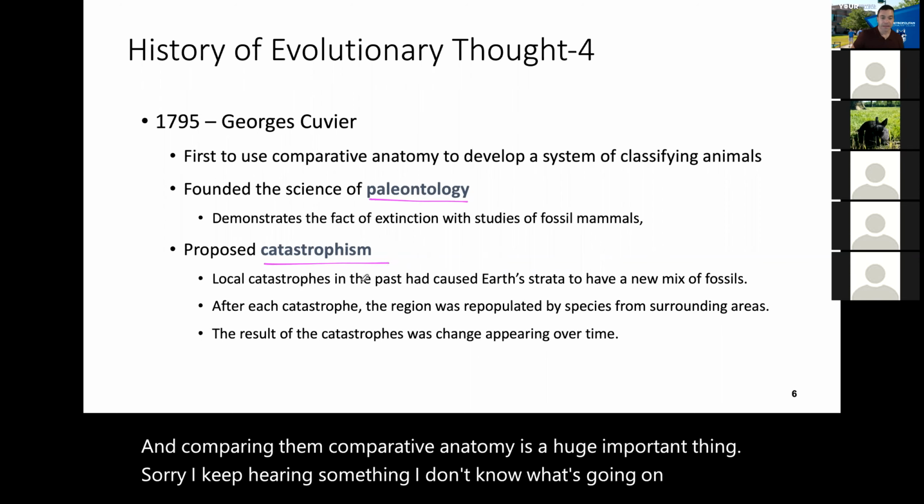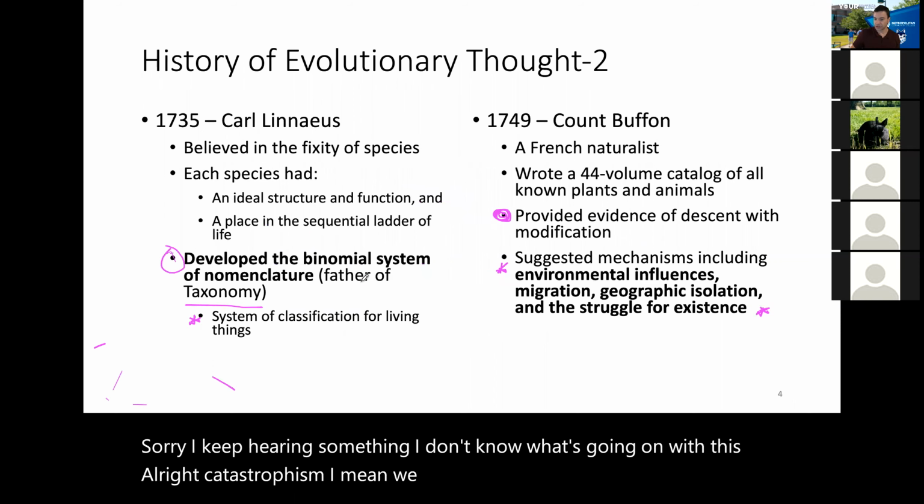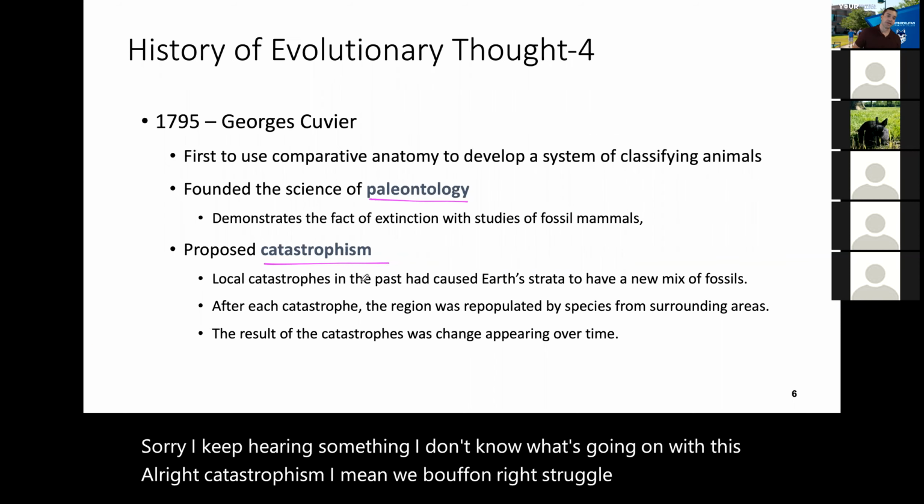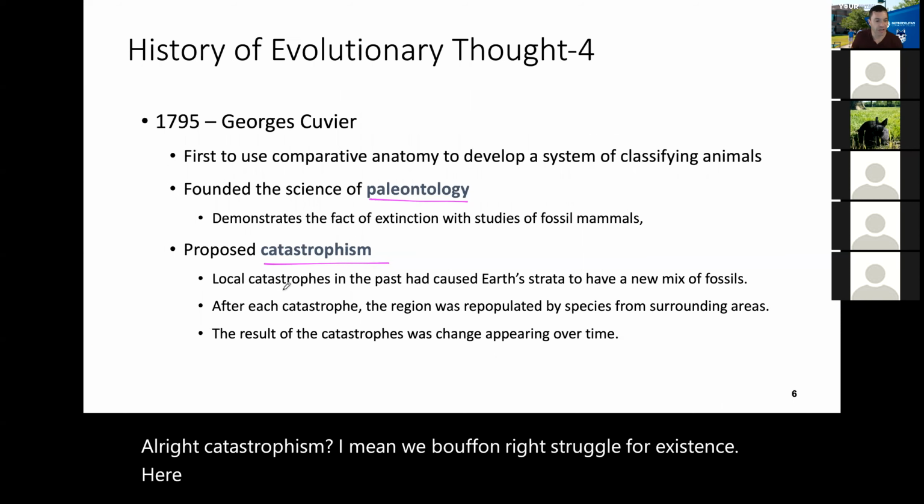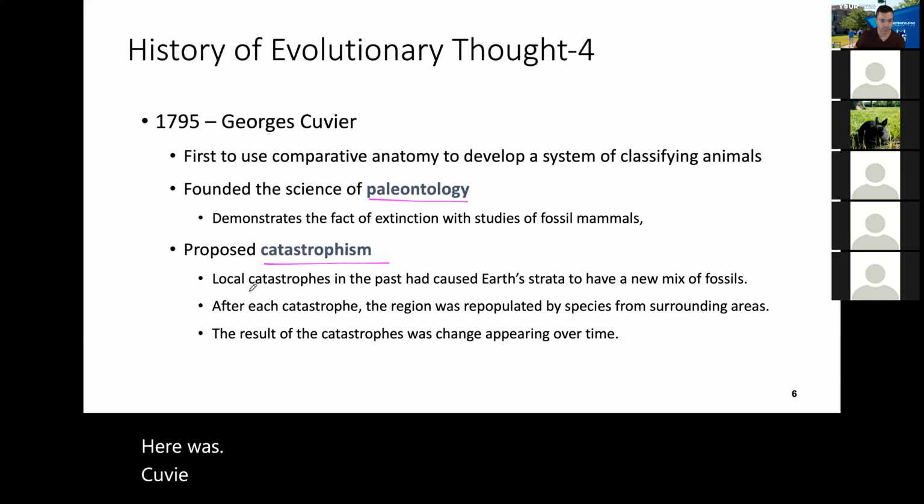All right. Catastrophism. I mean, Buffon, right? Struggle for existence. Here with Cuvier, it's these local catastrophes that help to drive movement of animals.